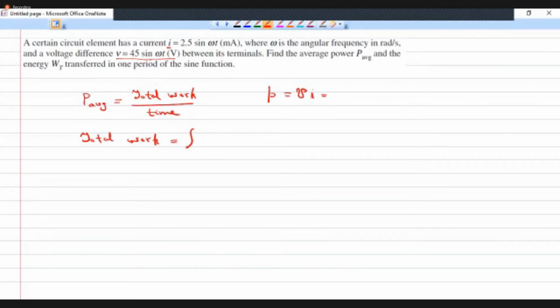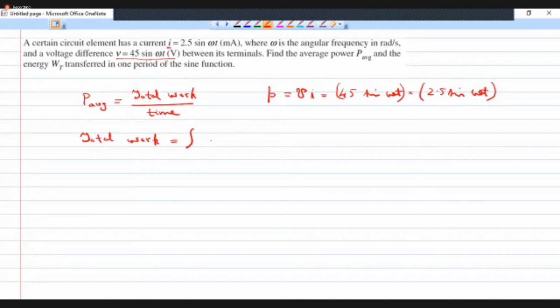Small v is given as 45 sine omega t, and small i is 2.5 sine omega t, right? So this is the instantaneous work that is done.